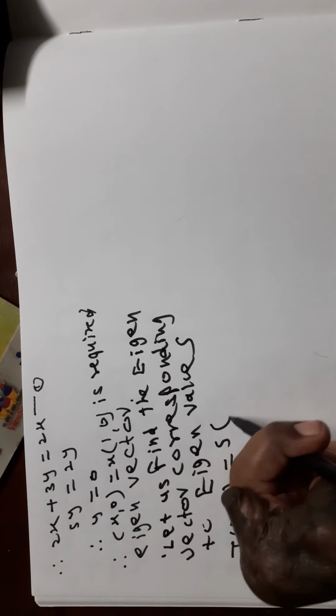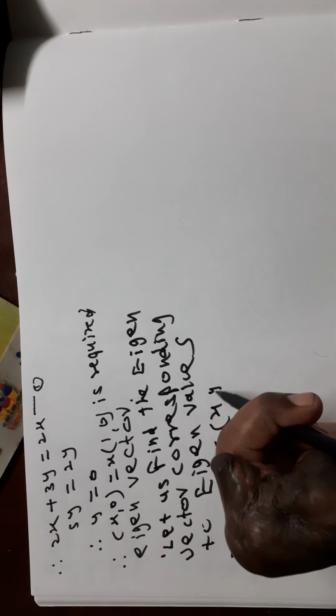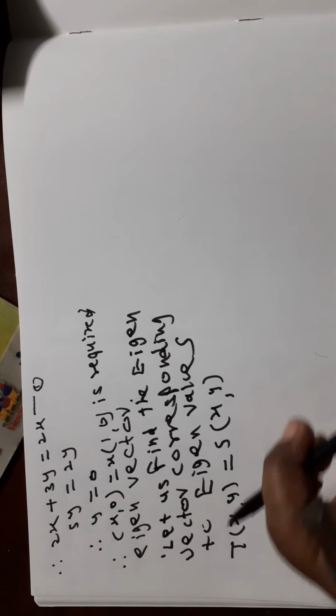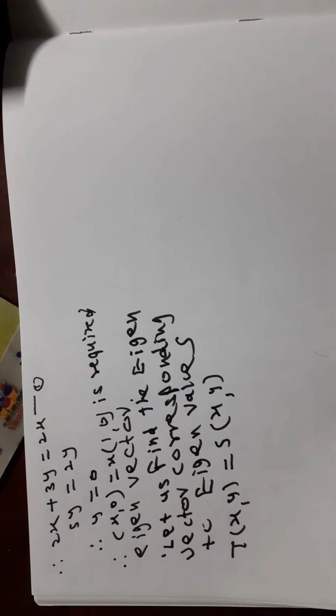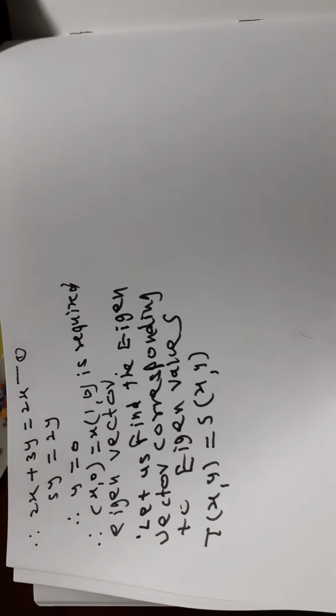So let us assume that (x, y) is the required eigenvector. Therefore T(x, y) is equal to lambda times (x, y), that is T(x, y) is equal to 5(x, y).